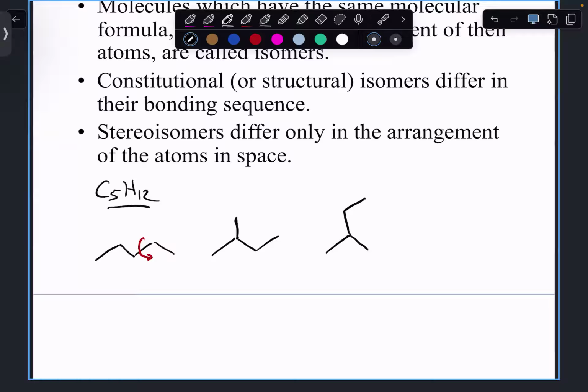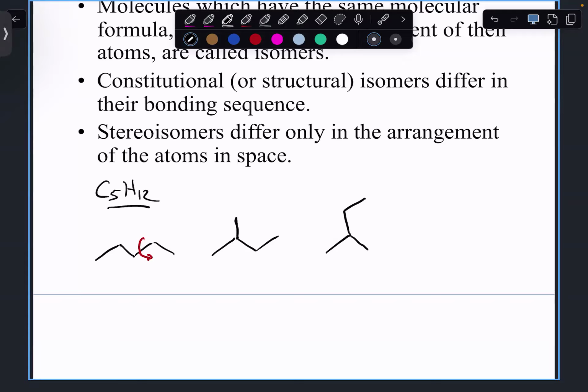That's the same as that as well. 1, 2, 3, 4 carbons with a methyl group on carbon 2. Those are the same. So the point being that I can draw these in all sorts of directions, but just because it looks different doesn't mean that it is different.